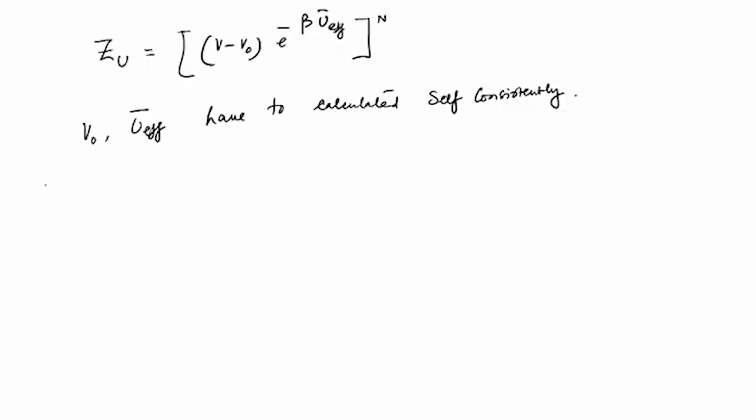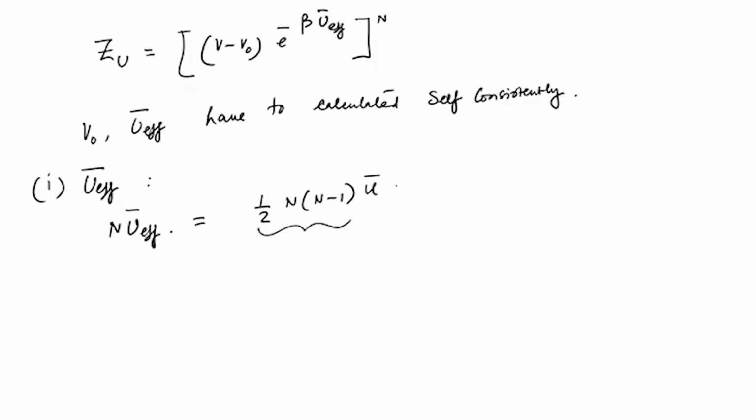So, the first thing, let us determine U effective average. Basically, you can use this U effective times n, which is equal to half into n minus 1 into U average. Where is this coming from?